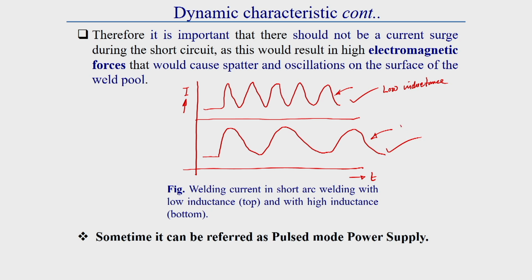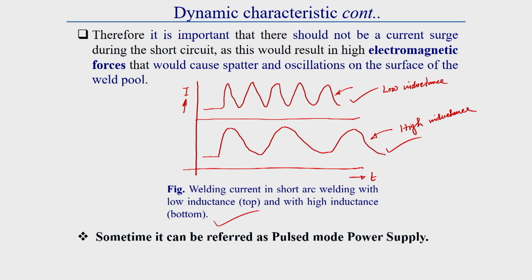If the inductance is high, then there is a slow variation of current. So, this is the effect of the inductor on the output current with time.